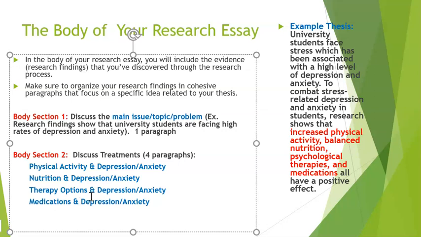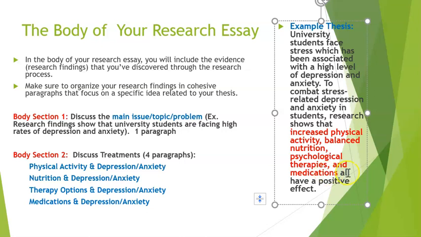And then medications, I might have that in 1 paragraph on its own. So yeah, this is sort of how I would organize my paper if this was my thesis statement. So I'm really using my thesis statement as a kind of jumping off point to decide how I'm going to organize the rest of my paper.